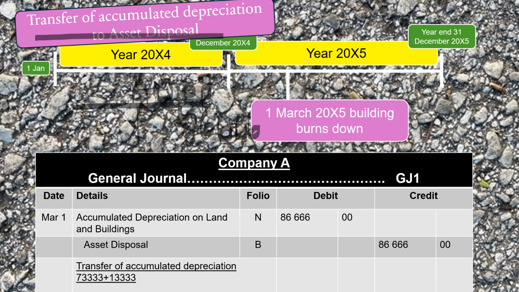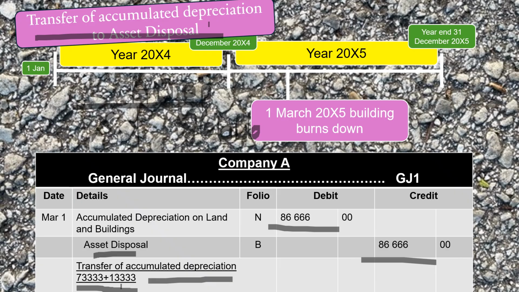They say step 2, transfer the accumulated depreciation to asset disposal on the asset that burnt down. So I debit accumulated depreciation because I'm taking that amount to asset disposal with 86,666, and I credit asset disposal. And that was the transfer of accumulated depreciation year 1 and depreciation up until burning year 2, which is 86,666.